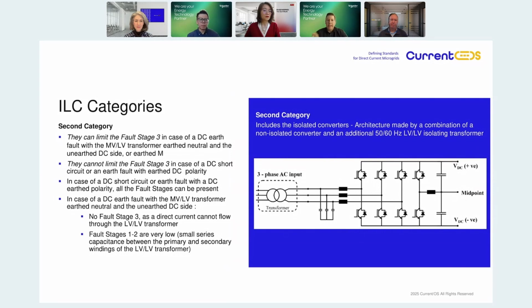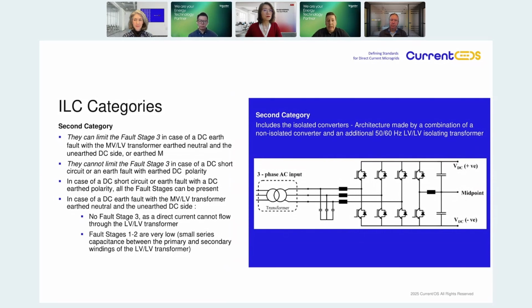So if we consider the sum of these two components, we have a sort of isolated converter. And they are able to limit fault stage 3 in case of a medium voltage, low voltage transformer neutral earthed and a DC side unearthed, or a midpoint earthed on the DC side. In this case, we can connect both parts towards ground because we have an isolated transformer.